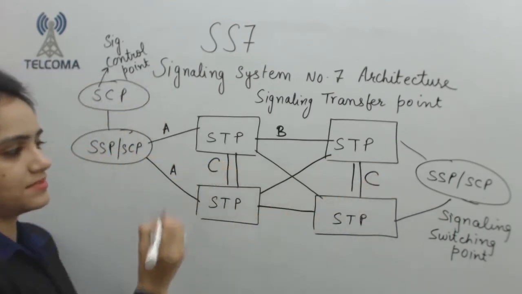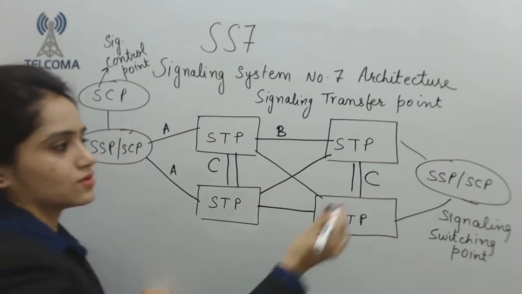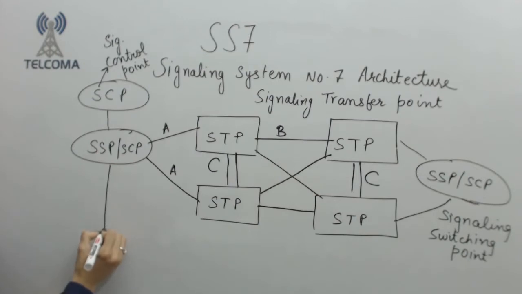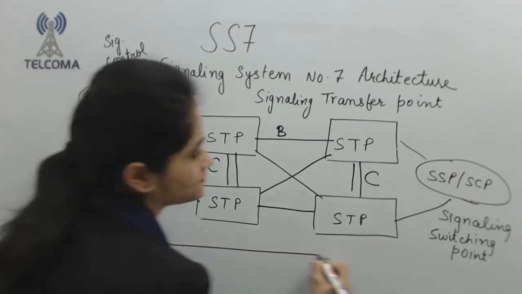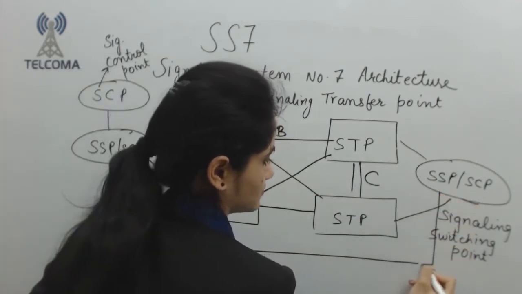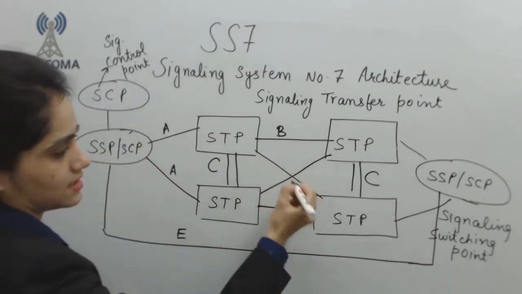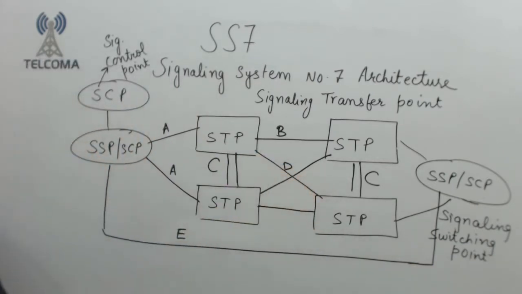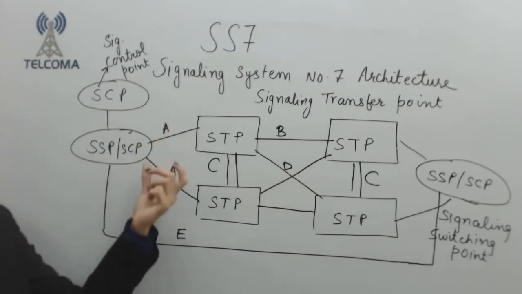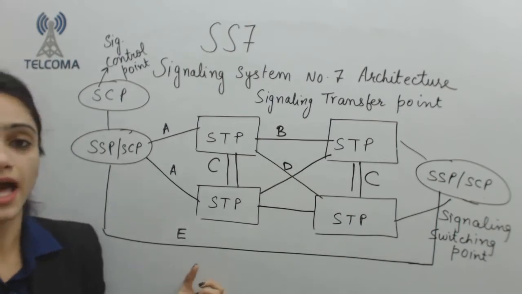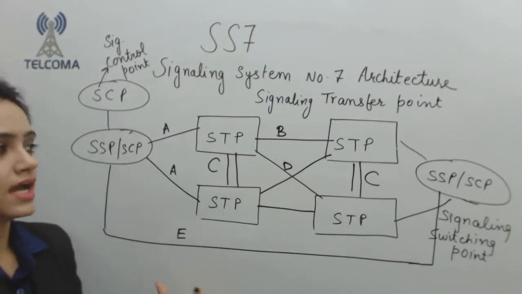So this one is named as C link. Again, this one is the same as E. So we require another link, this one as E link and this one as D link. So we have links A, B, C, D, E, and each and every link has its own description and a name.